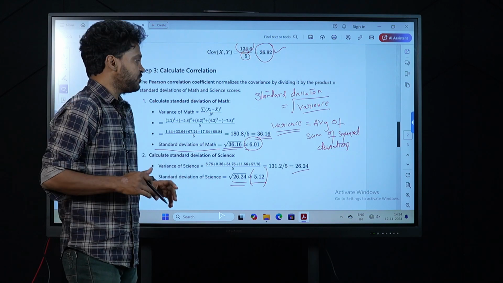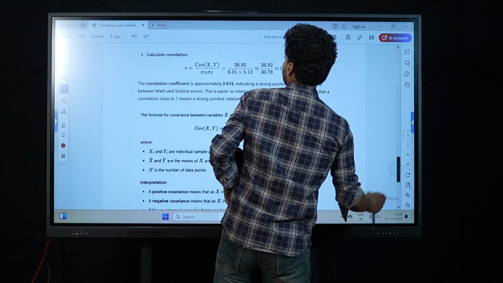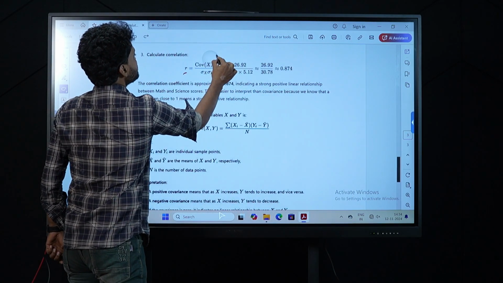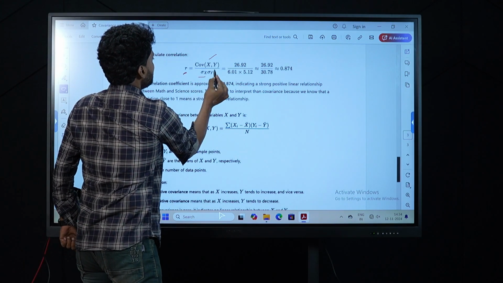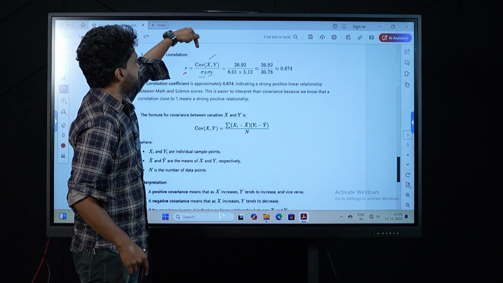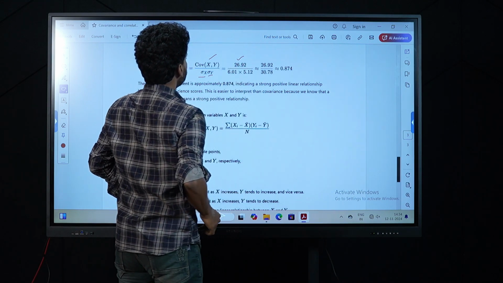Now, how do we get a correlation? Correlation, r, is equal to covariance of x and y divided by standard deviation of x into standard deviation of y. The covariance of x and y, we already got, is 26.92.